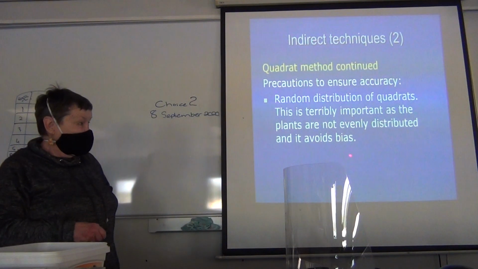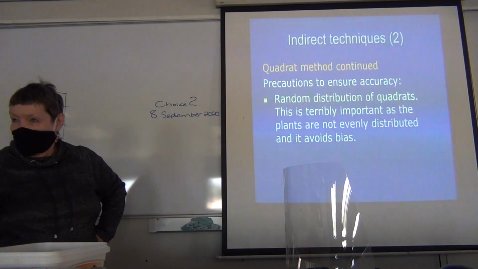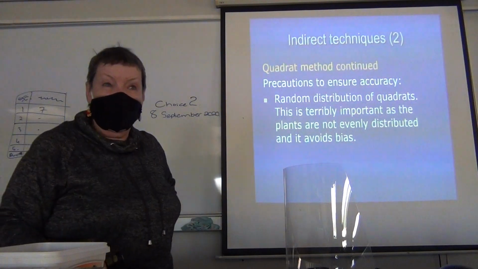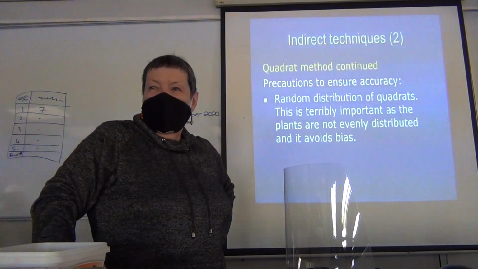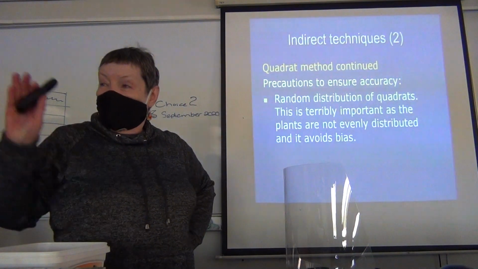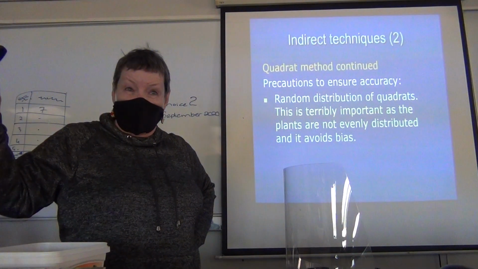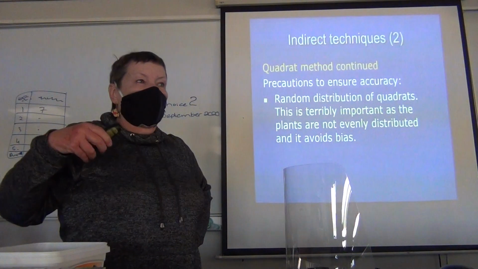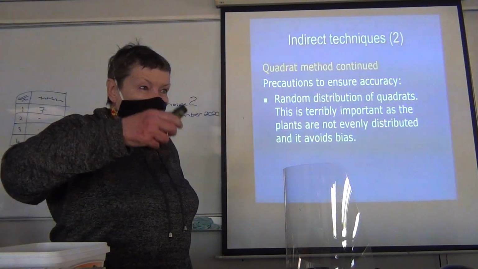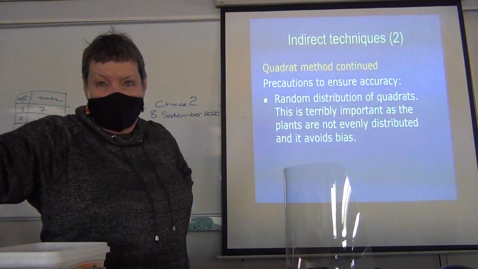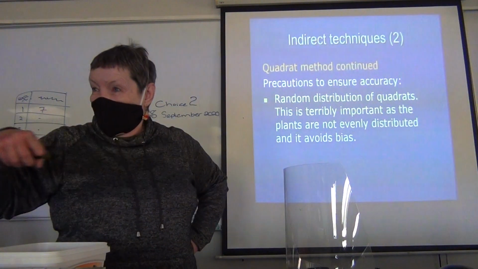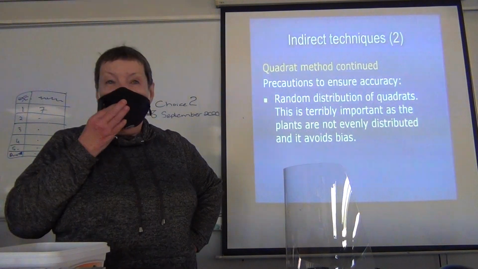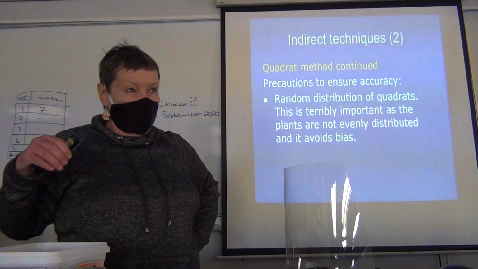When we were at varsity, we used to have to go and do these quadrat things all over the show, and because we were students and slack and lazy slobs, if you wanted to go and sit under the tree and eat your lunch and drink your beer, then you would randomly throw your quadrat onto a rock. A rock which had no plants. And then you would go, oh, there are none. And then you didn't have to count.